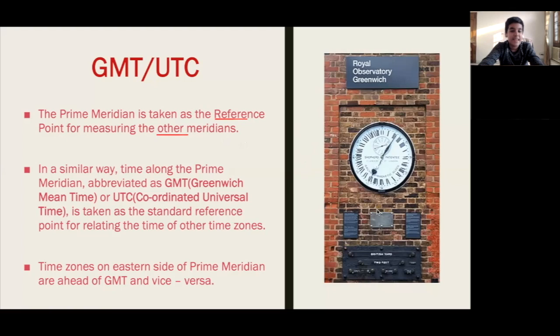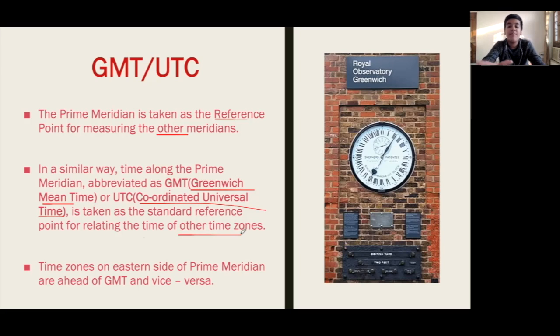And in the same way, time along the prime meridian is abbreviated as GMT, the full form is Greenwich Mean Time. It is also known as UTC nowadays. The full form of UTC is Coordinated Universal Time. Now, this time is taken as a standard reference point for relating the time of other time zones.